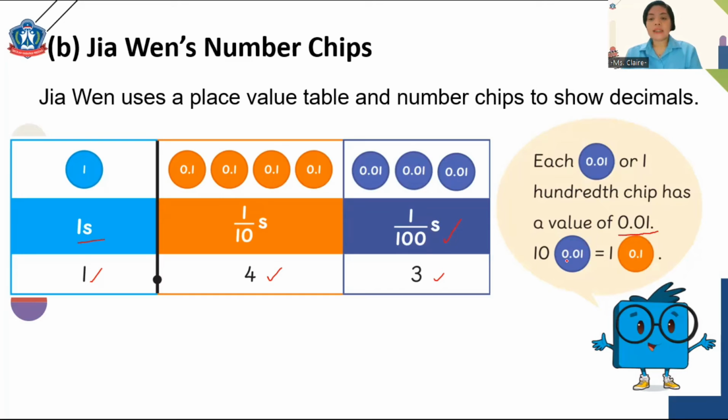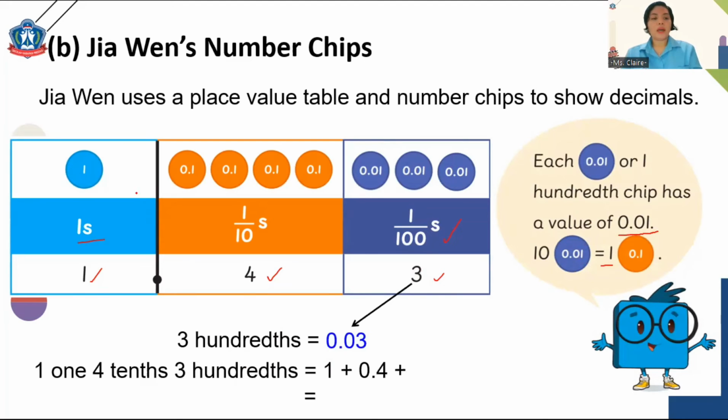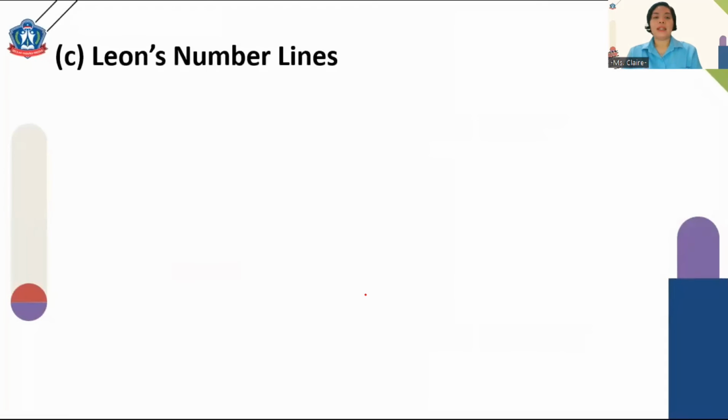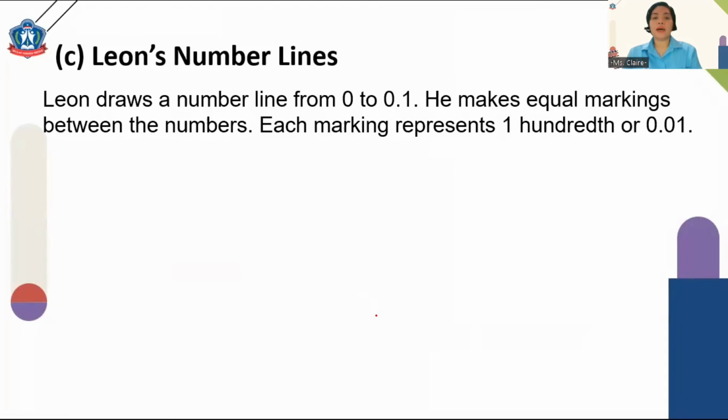If you have 10 hundredths, that is equal to 1 tenth. Remember, 10 hundredths is equal to 1 tenth. These 3 here mean 3 hundredths, and that is 0.03. So we have 1 one, 4 tenths, and 3 hundredths. So we have 1 plus 0.4 plus 0.03. If we add them together, that is 1.43.